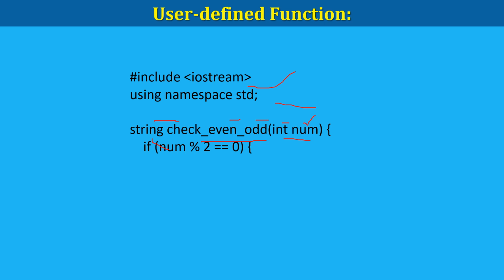It calculates the remainder when num is divided by 2, and we check if it is equal to 0. If true, it means the number is evenly divided by 2, so it is even.